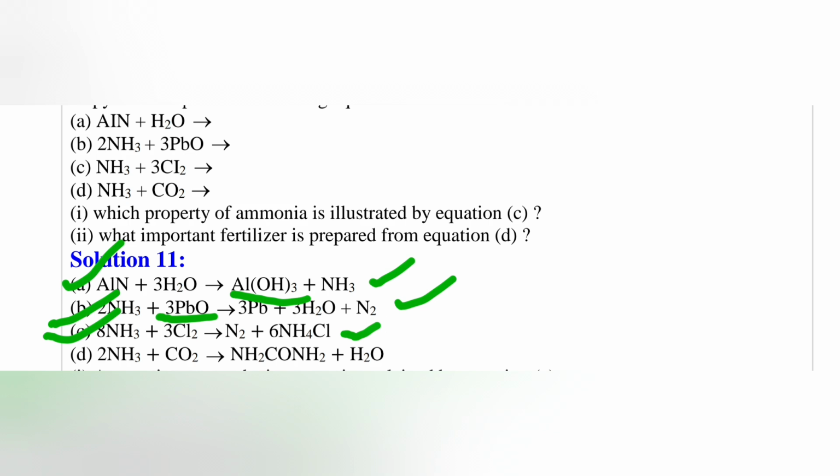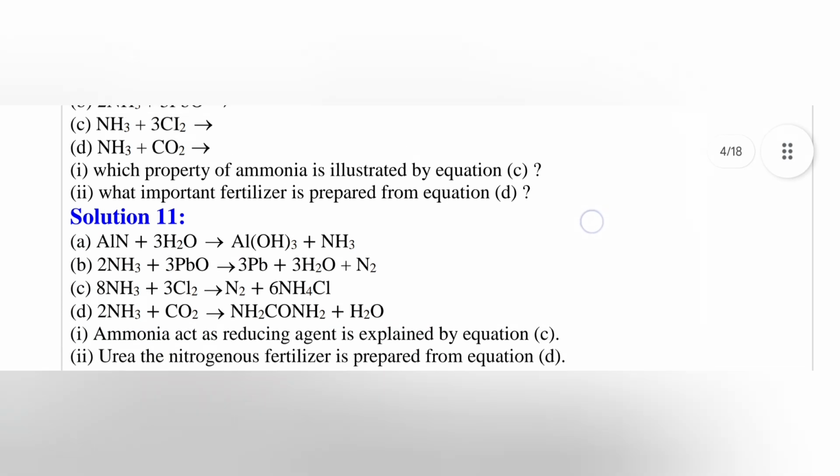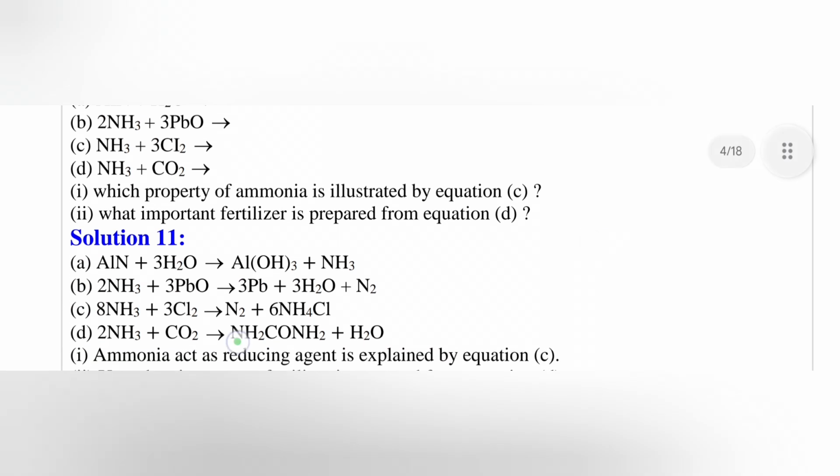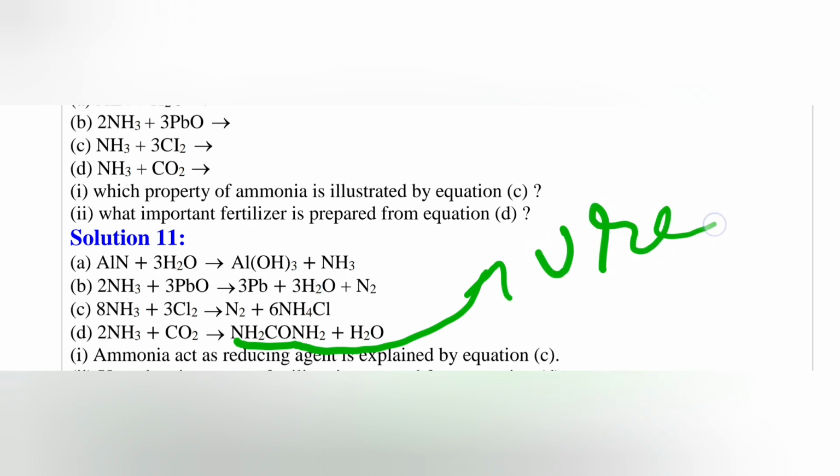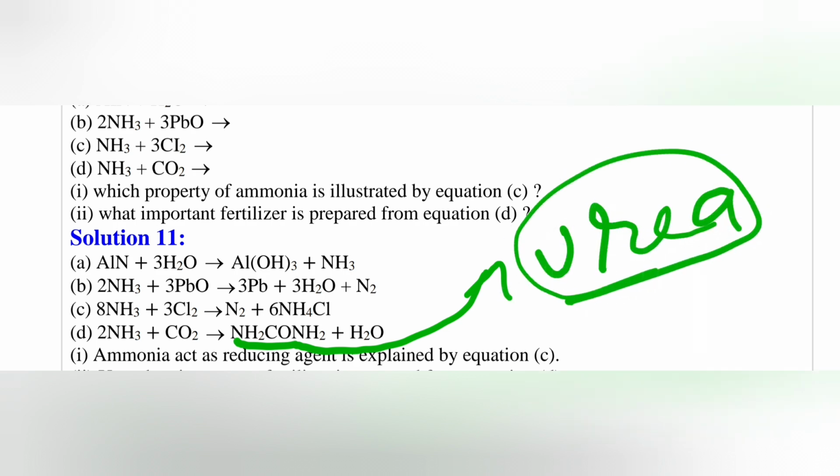When ammonia reacts with carbon dioxide, it forms a very important organic compound which was first synthesized in the laboratory. This is urea. Remember, this is the first organic compound synthesized in the laboratory, by Wohler.